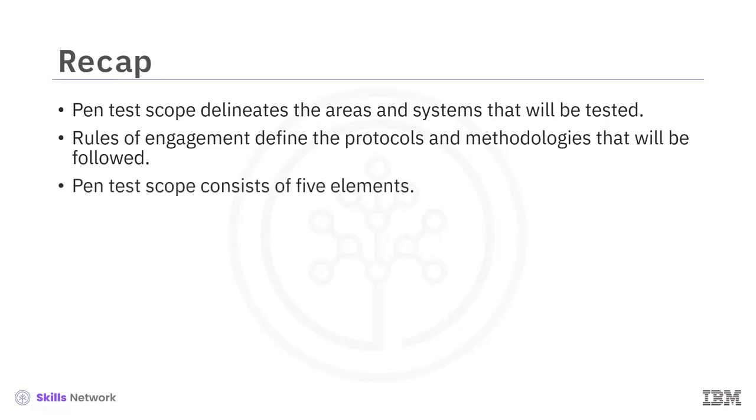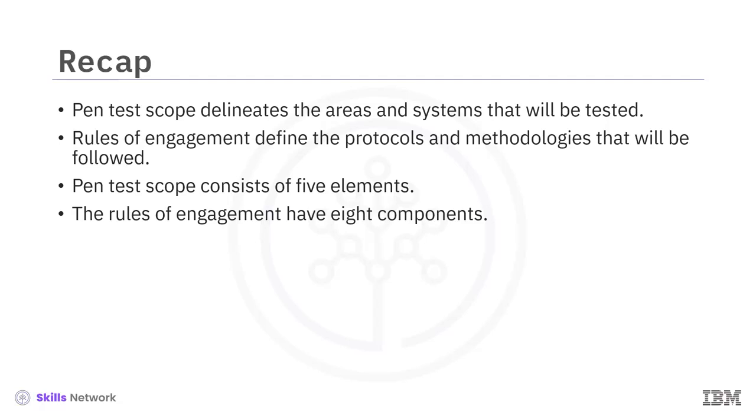Pen test scope comprises 5 elements: scope specification, resource allocation, risk assessment, communication plan, and legal and compliance considerations. The rules of engagement have 8 components: scope definition, testing methods, timing and duration, authorized personnel, communication protocols, legal and ethical considerations, incident response plan, and post-testing procedures.